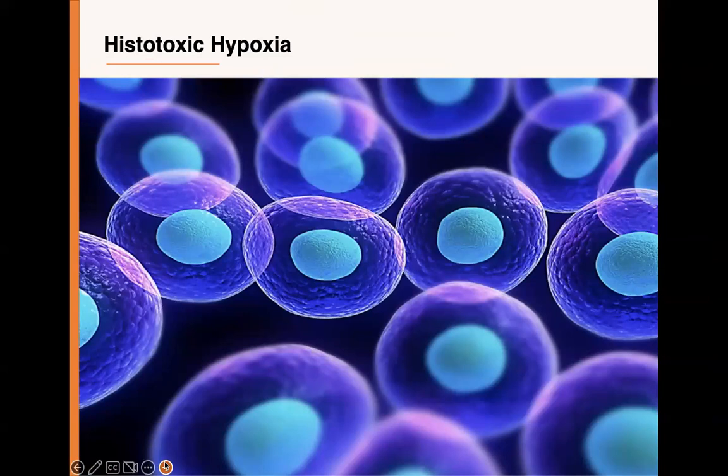But once it reaches the tissue, if you remember the second slide, that's where the ATP has to be produced, the cellular respiration, but it's unable to be utilized there. So the oxygen utilization within the cells, the mitochondria, is impaired.